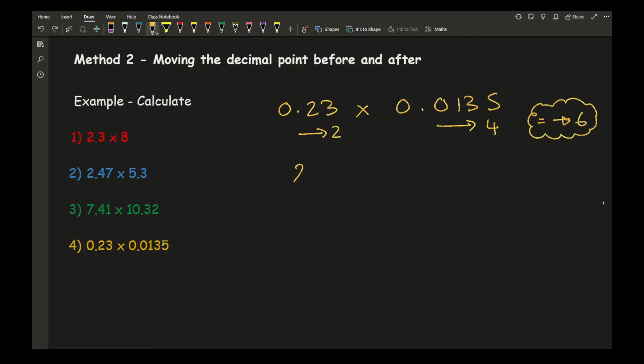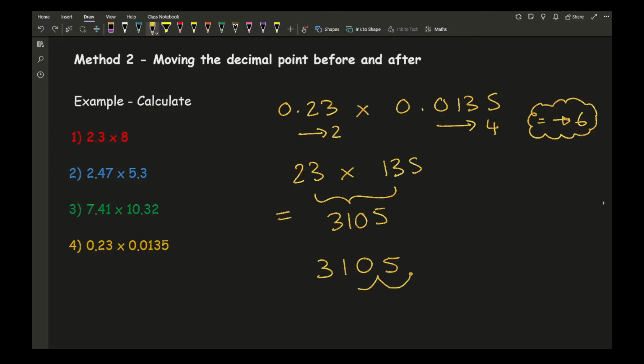So then if I've got 23 times 135, I work that out and I get an answer of 3,105. I'm just going to double check to make sure that that is correct, which it is, yep. And so from 3105, I'm going to move the decimal point 6 places.